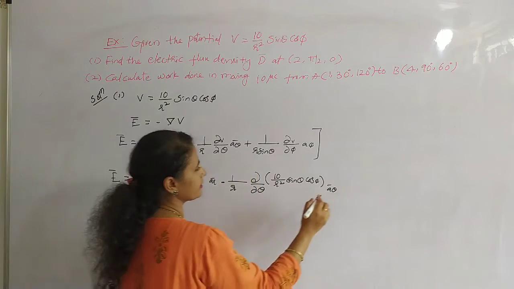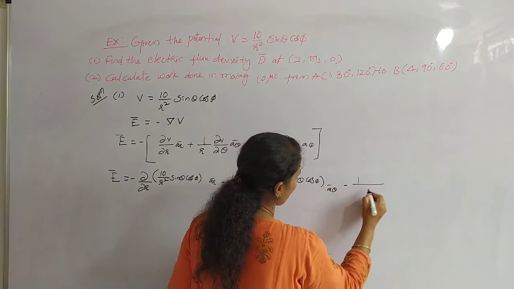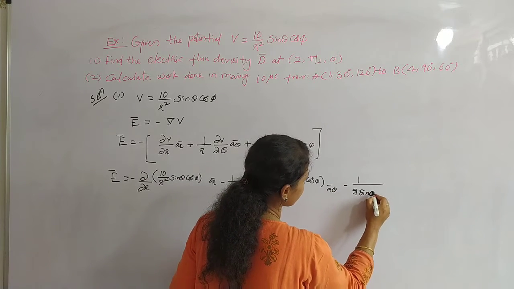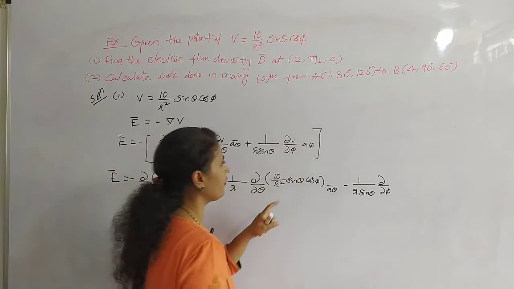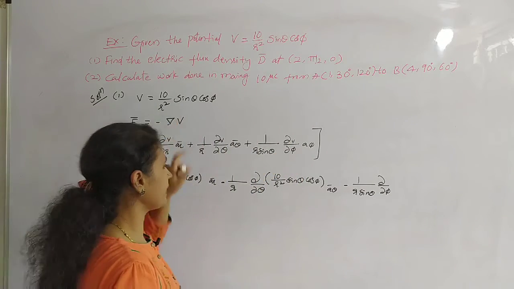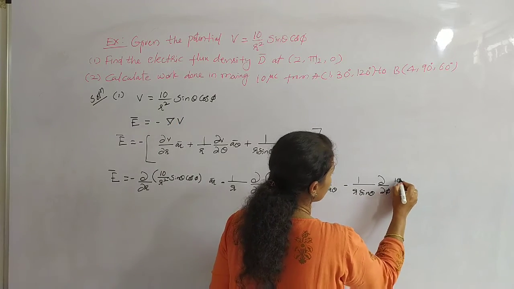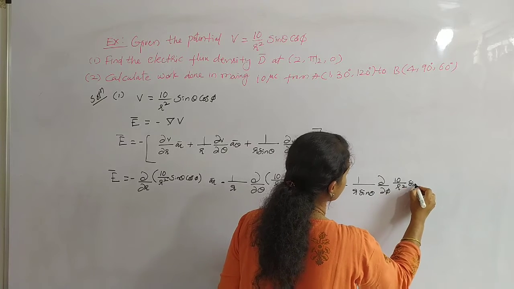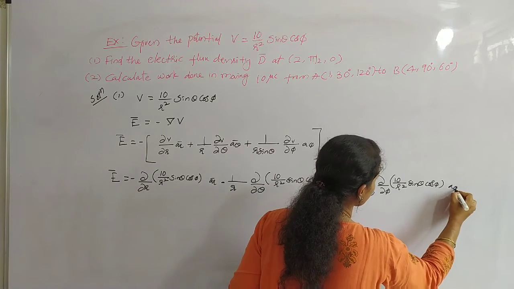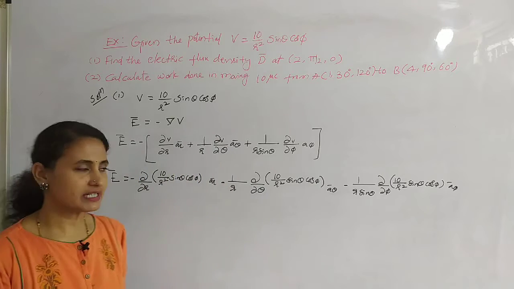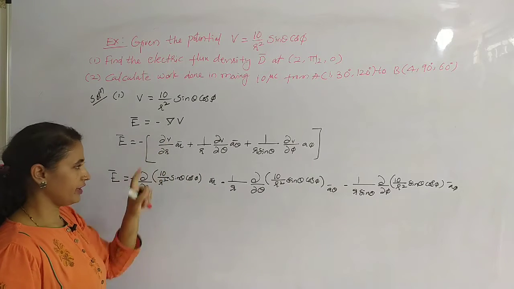Taking minus inside, this is minus 1 by r sin theta dou by dou phi of V, where V is 10 by r square sin theta cos phi, into A phi. We just substituted the value of V.